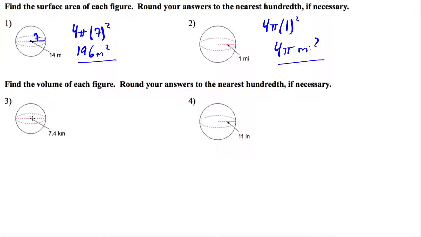For volume, here we can see that the diameter is 7.4, so the radius is going to be half of that, so the radius is 3.7. So we have the volume is 4/3 pi times 3.7 cubed. So 3.7 cubed is going to be 50.653.